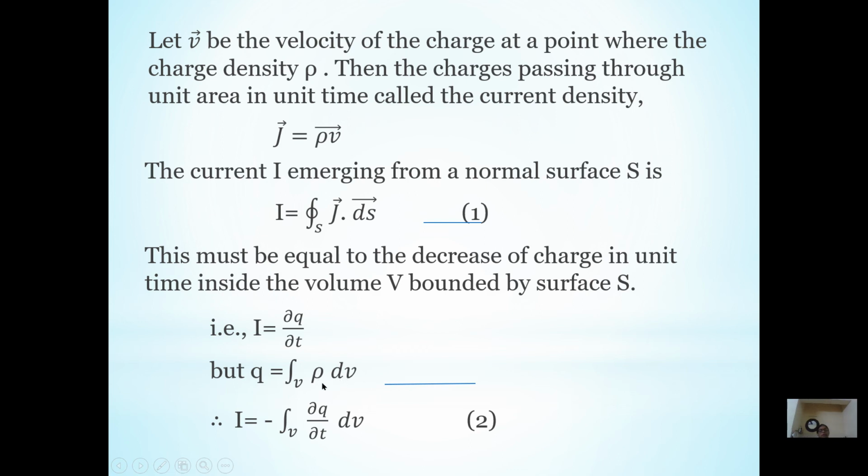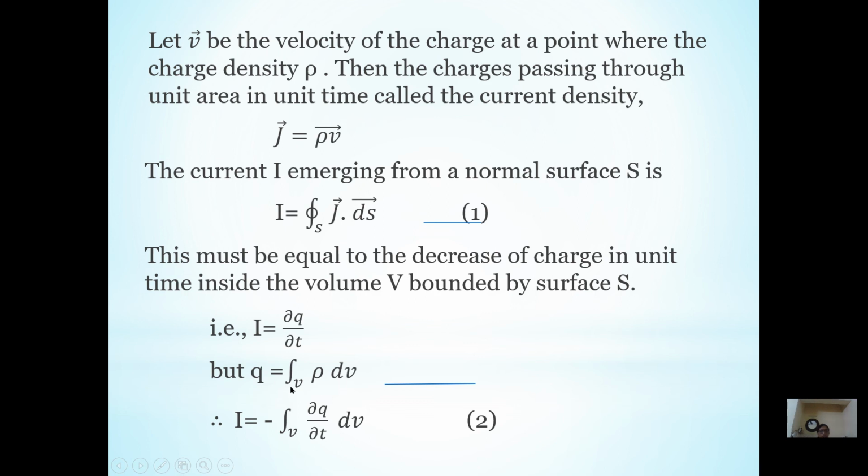Then the total number of charges in volume V, which is bounded by the surface S, is given by adding all the charges in the small volumes dV. Instead of that, you are doing integration. What type of integration do you have to take? Volume integration, because charges are inside the volume V, which is bounded by the surface S, through which current is emerging. Hence Q is equal to the volume integral of rho dV.